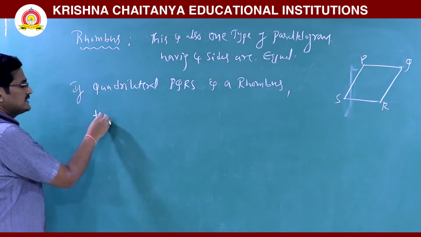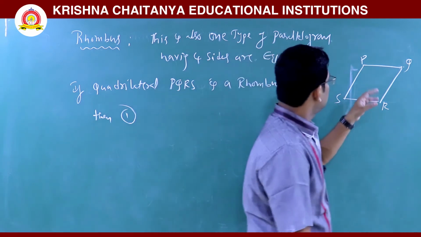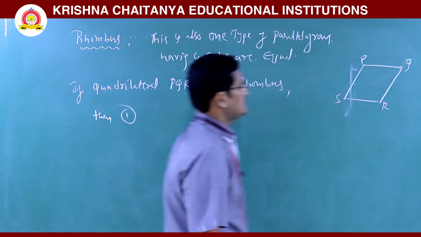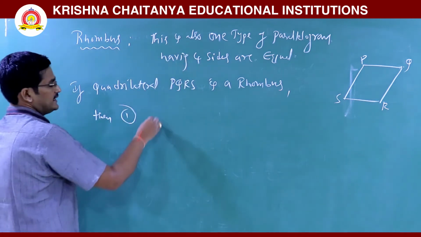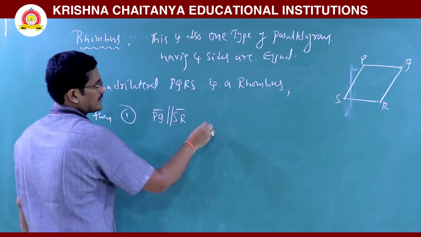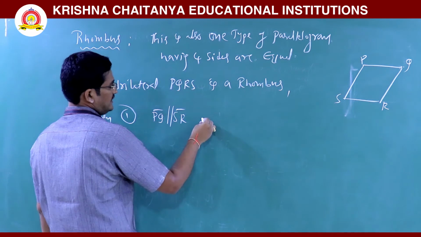Then what are the conditions? This is one type of parallelogram, already I told. That means these two should be parallel lines, and these should be parallel lines. Therefore, the first condition is PQ bar parallel to SR bar, same as in the remaining various types.